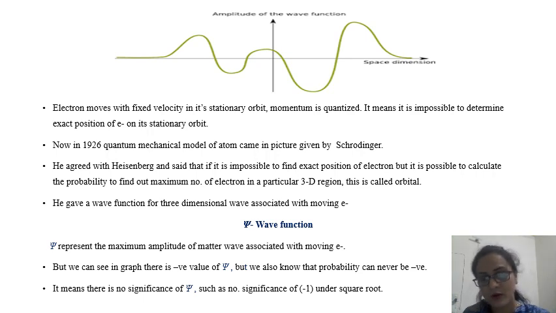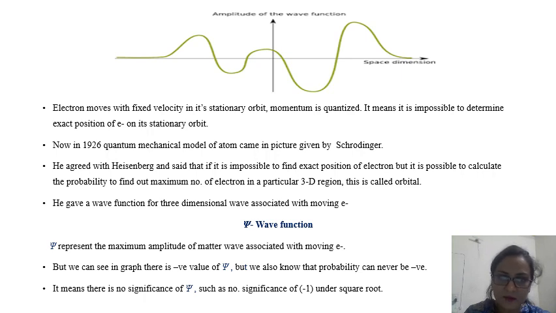This is called an orbital. He gave a wave function for the three-dimensional wave associated with the moving electron. It can be represented by psi.